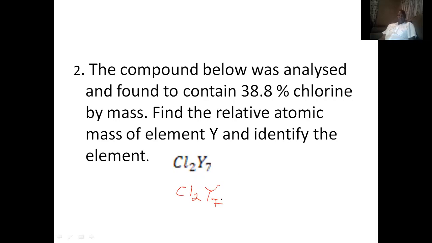Okay, and so this one we need to first of all find the relative molecular mass for this compound.